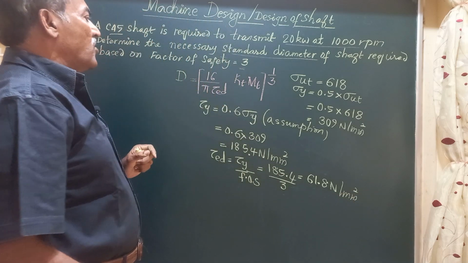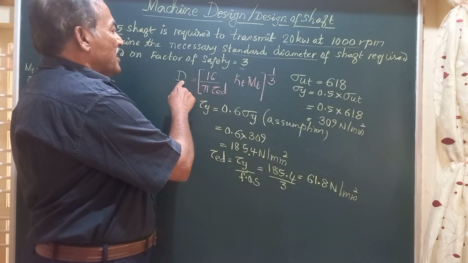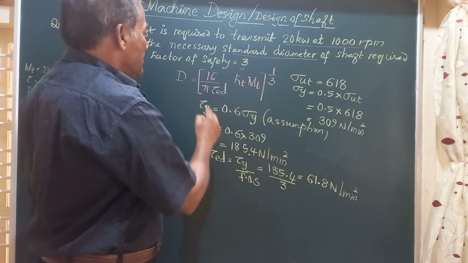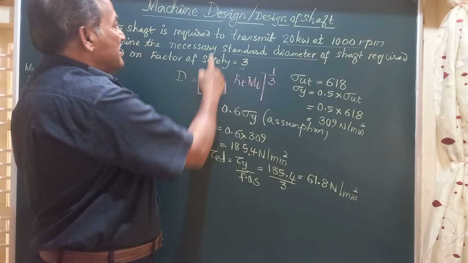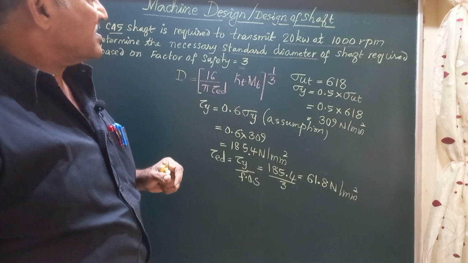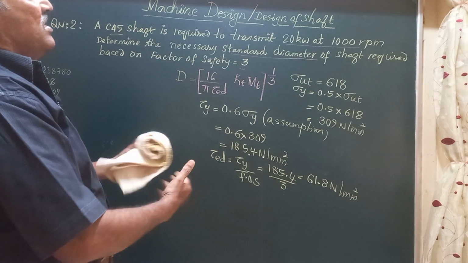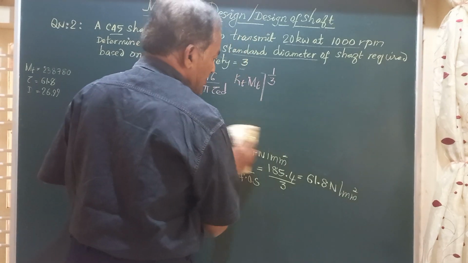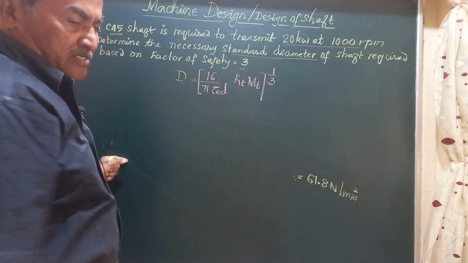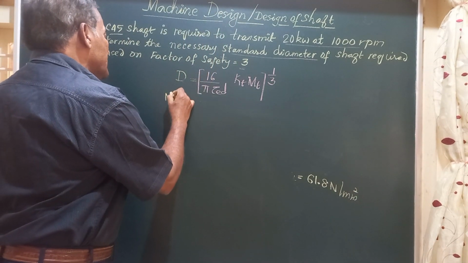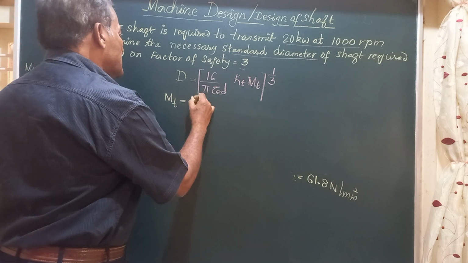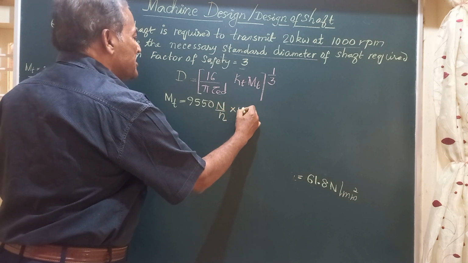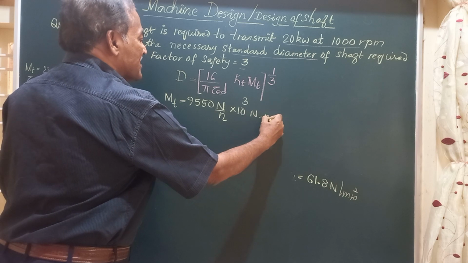Friends, we have all the values required to get the value of D. We know KT, we know MT. MT, let's find out because they have given the power. And tau vd we have already obtained based on the material. Friends, how to obtain MT, the torque required? The torque required is obtained from the formula torque MT is equal to 9550 times N divided by n into 10 to the power of 3 Newton millimeter.